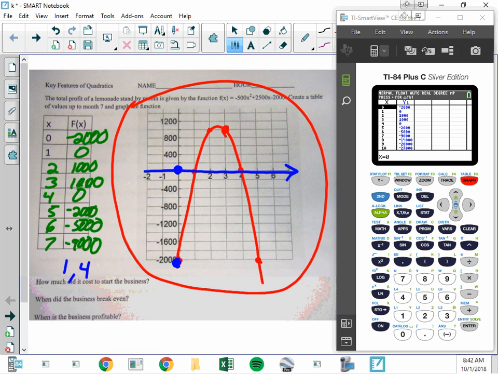If 1 counts, then we put a bracket around it. If it doesn't count, we put a parenthesis around it. Do you guys remember this? So does 1 count? Is it profitable at exactly month 1? No. What about 4? Nope. 4 is on the line. They're both on the line.